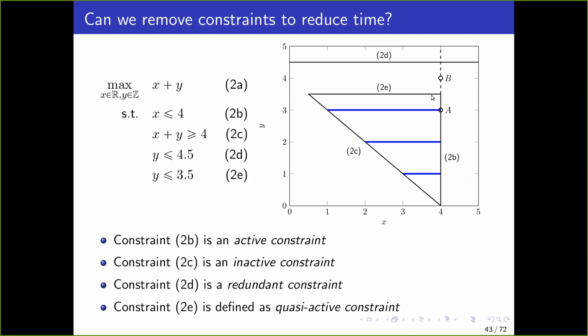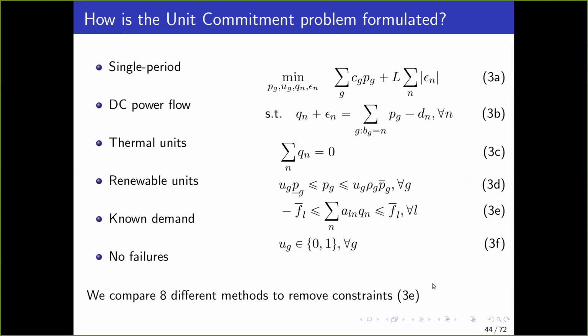The last one, 2E, we define as a quasi-active constraint because it's not binding, so you have some slack here, but if you remove it, the optimum goes from A to B. So it's not binding, but you cannot remove it. It's something in between, and we define them as quasi-active constraints. So let's go now to the actual unit commitment problem.